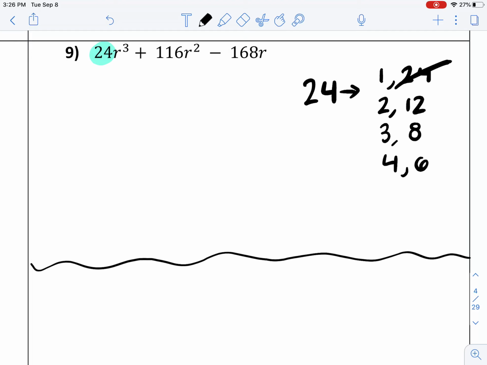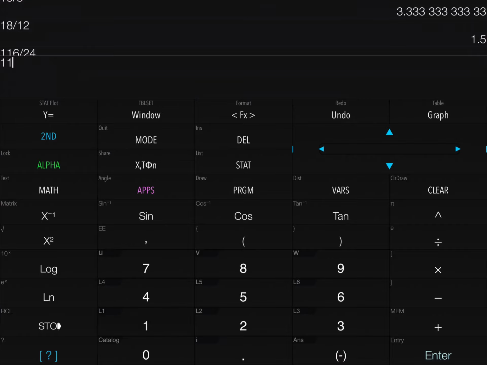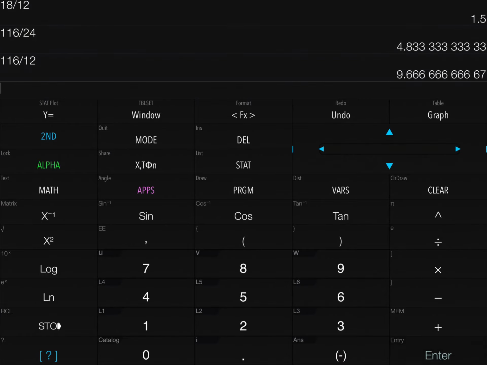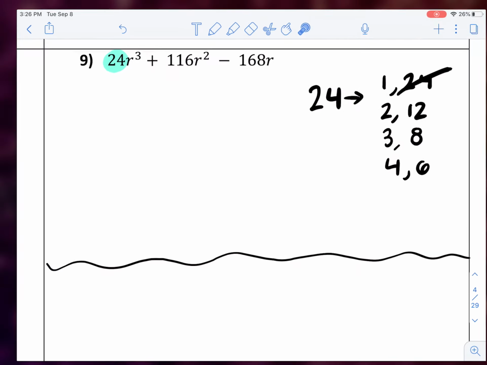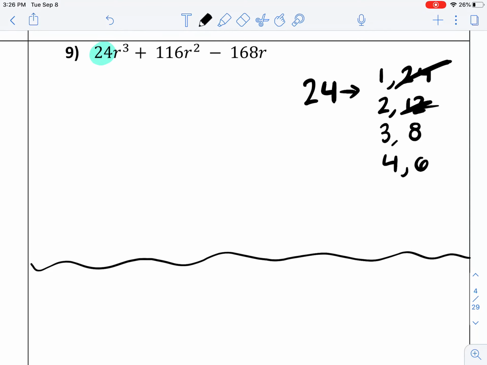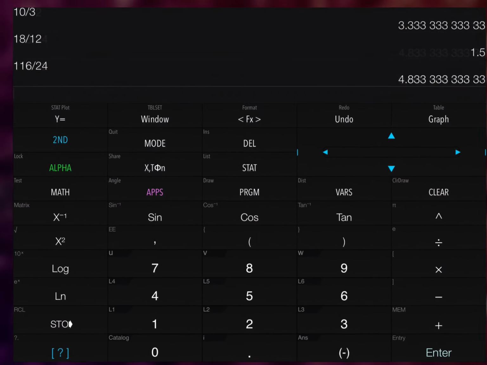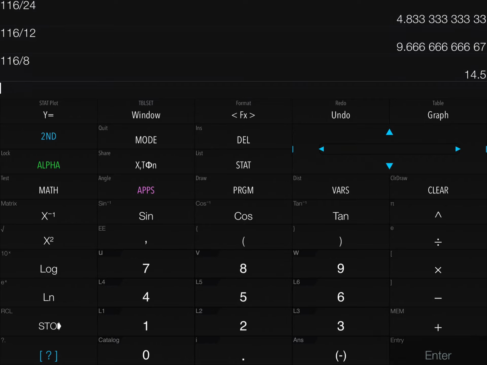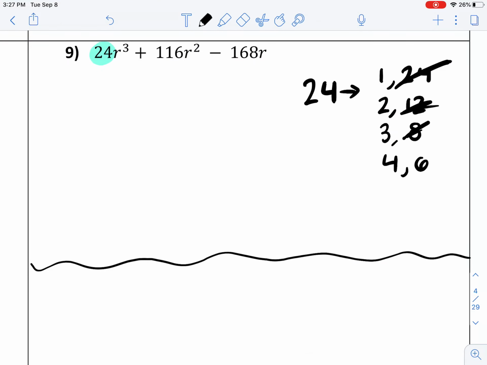We just saw that 24 doesn't work, so I'm going to cross that out. Next we're going to try 12. I'm going to do 116 divided by 12 and then 168 divided by 12, and hopefully we don't get decimals. 116 divided by 12, I get a decimal again, so it's not 12, so let's try 8. 116 divided by 8, also a decimal, so it's not 8.